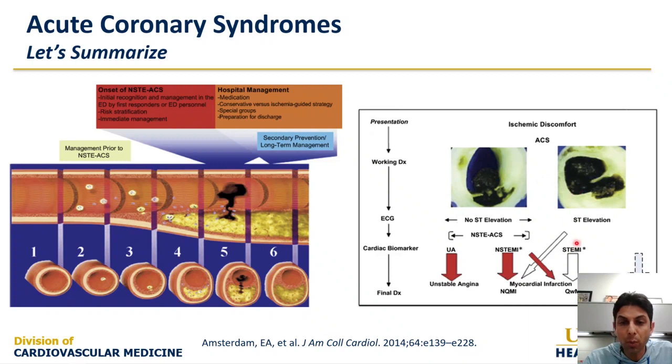Now, most patients with a STEMI, ST-elevation myocardial infarction, are going to develop a Q-wave myocardial infarction. So on the EKG, on the ECG, we will see evidence of a pathologic Q-wave, but a few will develop non-Q-wave myocardial infarction. What a Q-wave represents typically is a transmural infarct.